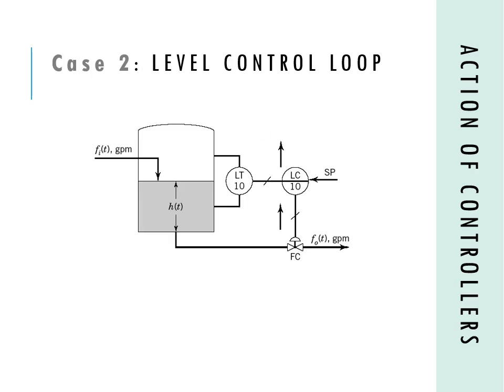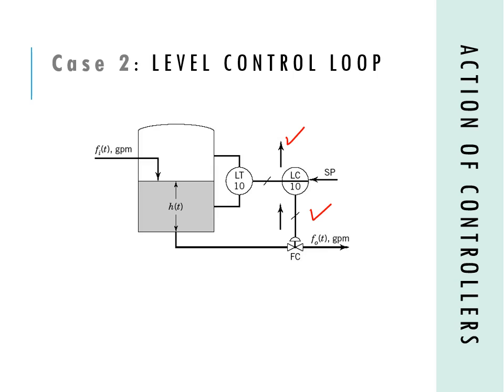Then we move to the second type of action of the controller, for example, this level controller. The signal from the level transmitter increases, indicating that the level in the tank has increased above the set point. To return the level to the set point, the controller must open the valve by some amount, so it requires the output of the controller to increase.